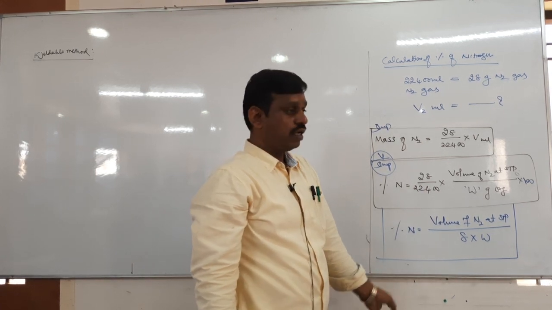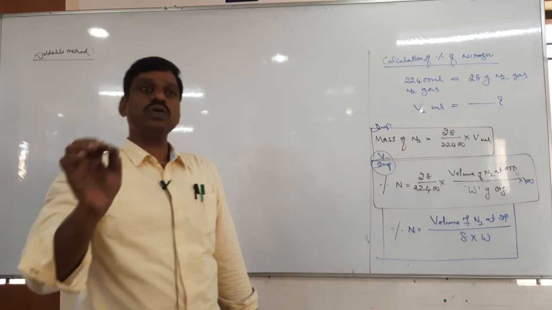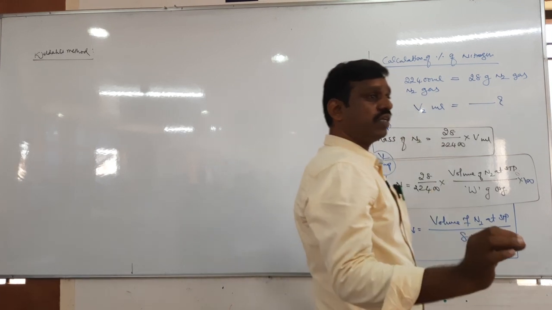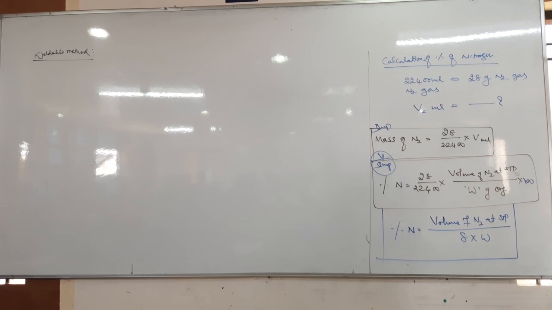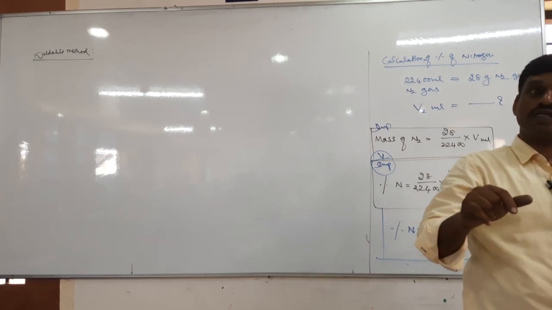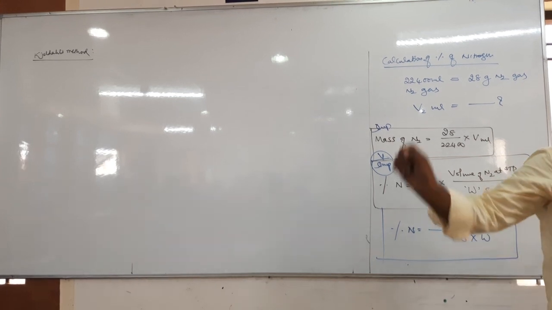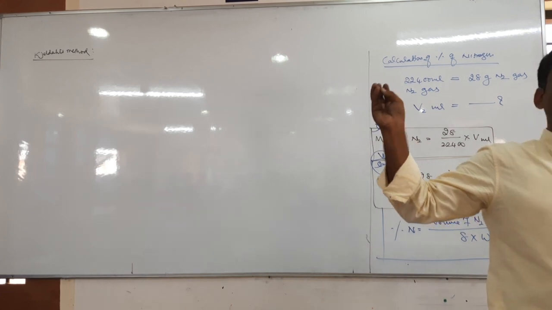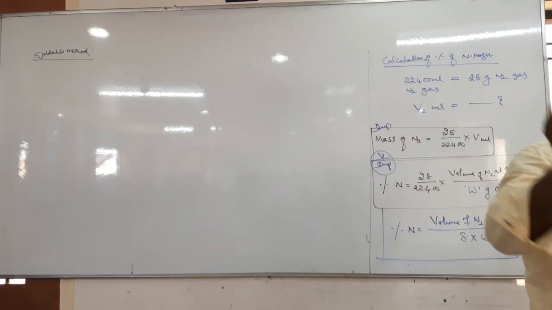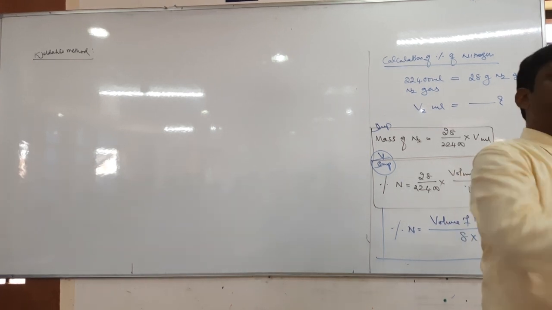Okay. Now next is the Kjeldahl method. Similar to the Dumas method, the Kjeldahl method is used to estimate nitrogen, but what is different? The nitrogen present in the organic compound has to be converted into ammonia. Therefore, in this method, the nitrogen present in the organic compound is converted into ammonia, and the ammonia mass is estimated.